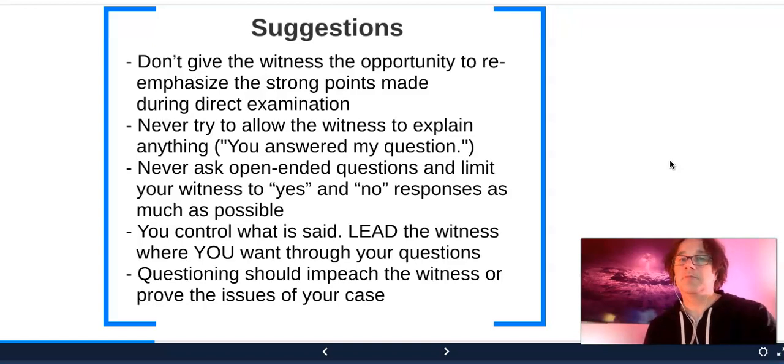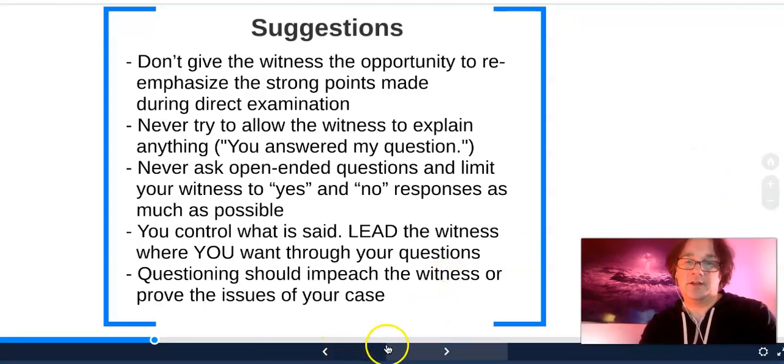So when we talk about impeach the witness, it means to show that they're not credible, or that they can't be trusted. So those are your questions for cross-examination. They should do one of those two things: either prove the issues of your case, of your story, or show that this witness's testimony can't be trusted.